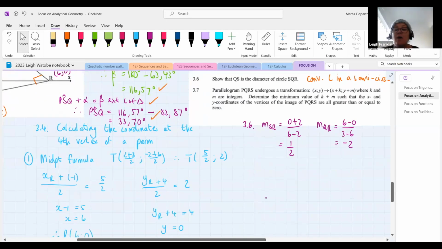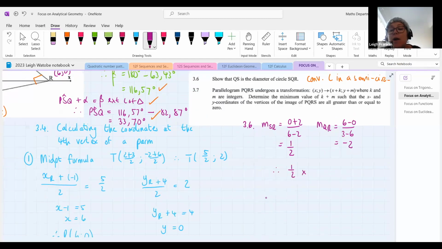All right, so now we can say, therefore, can you see I'm setting it out in exactly the same way? Times negative 2 gives me negative 1. Therefore, the gradient of SR times the gradient of QR equals negative 1. Therefore, SR is perpendicular to QR. Therefore, angle SRQ equals 90.